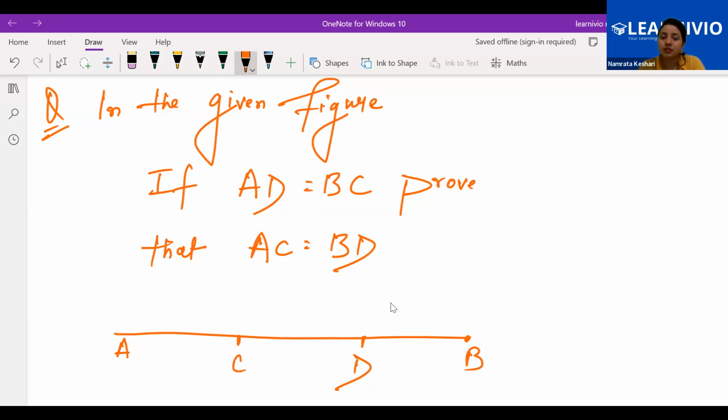How can we prove it? You have the axioms in front of you, and the question is already there in front of you. If AD and BC are given as the same, we have to prove that AC is equal to BD. Think about it. Meanwhile, let me take out the other question which we can discuss today. Then only we will move to the postulates.